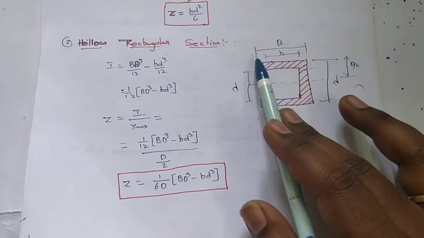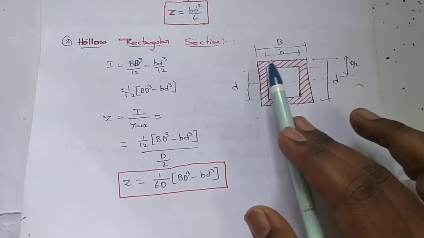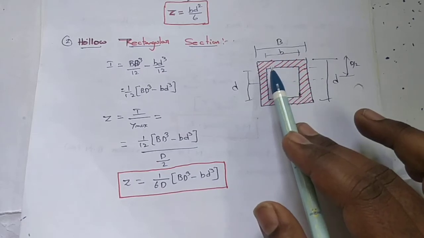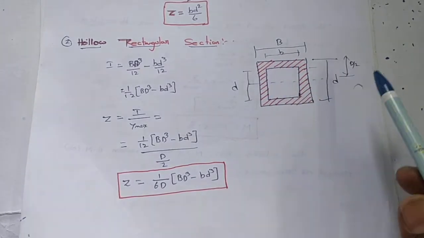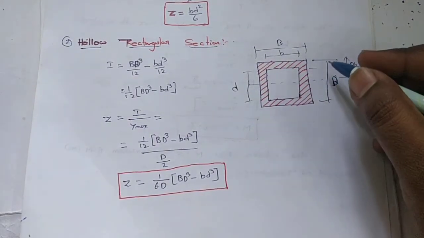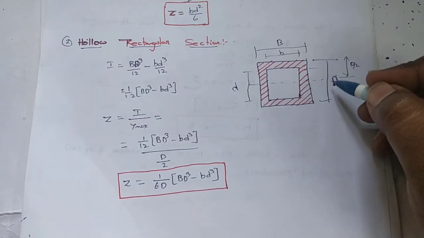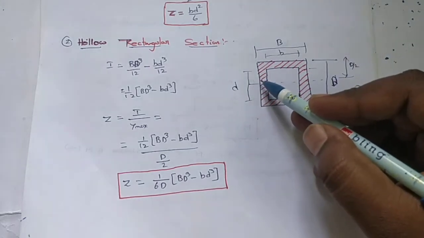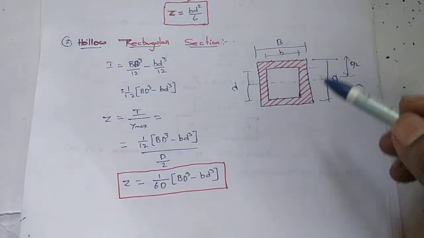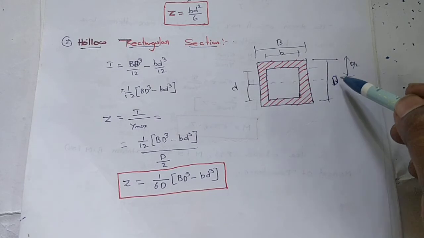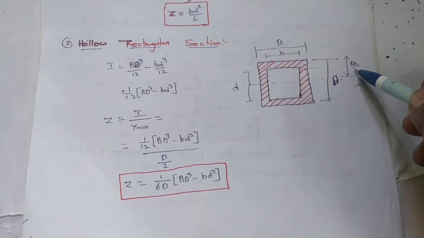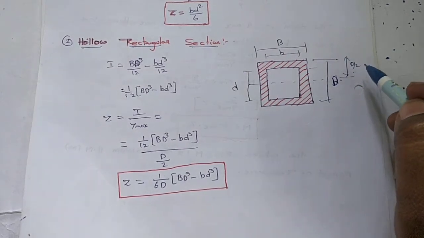Capital B is the outer breadth of the rectangular section, small b is the inner breadth, capital D is the outside depth, and small d is the inner depth. The distance from the neutral axis to the outermost layer is capital D by 2.